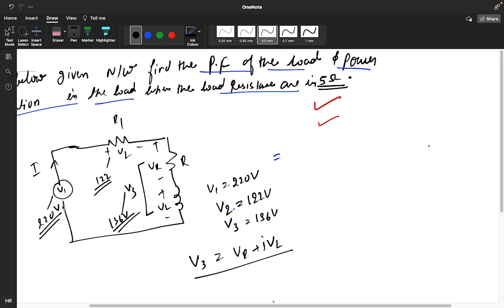This 136 volt is the representation of VR plus jVL. If you go with the phasor form, suppose this is your reference point.